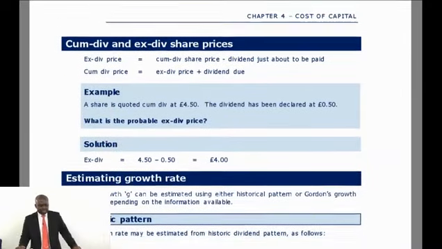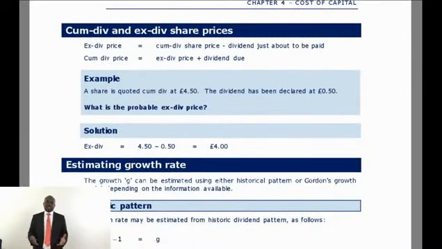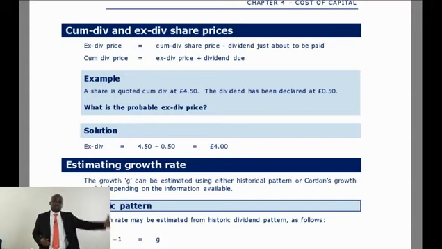What are cum div and ex div share prices? Cum div means the market price includes the current dividend. Ex div means the market price excludes the current dividend. Based on the dividend valuation, if P0 is the present value of the future dividends, then it should exclude the current dividend.